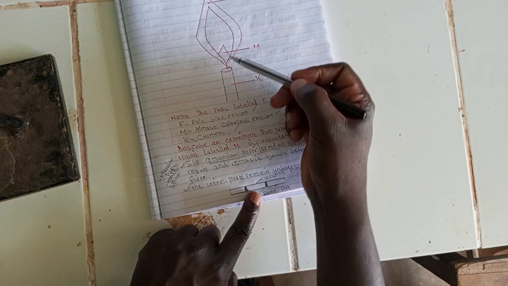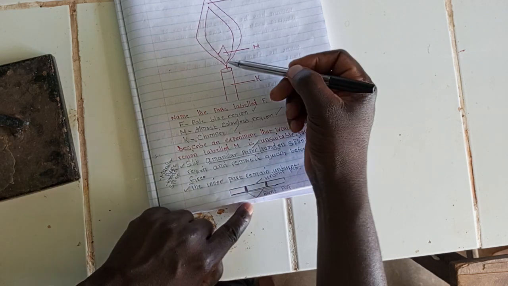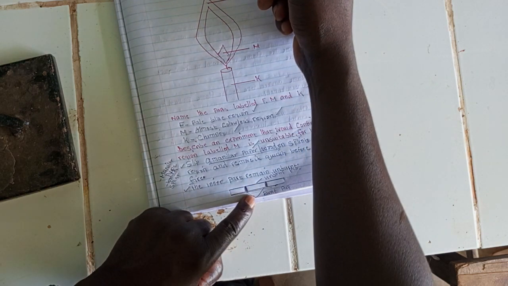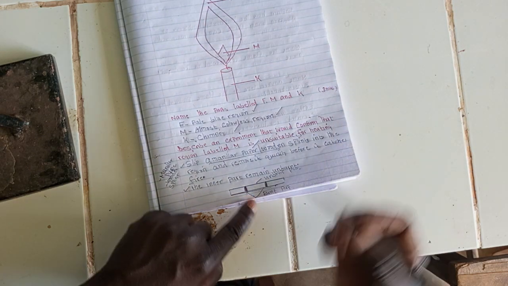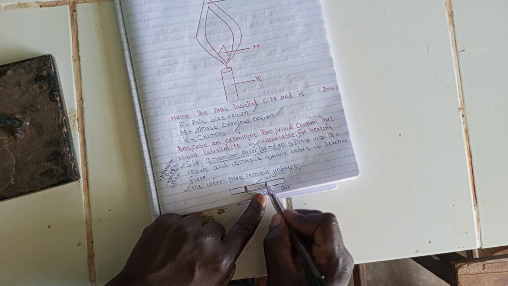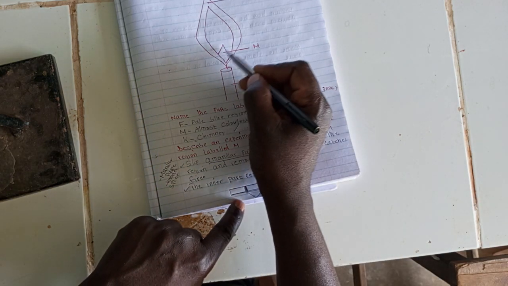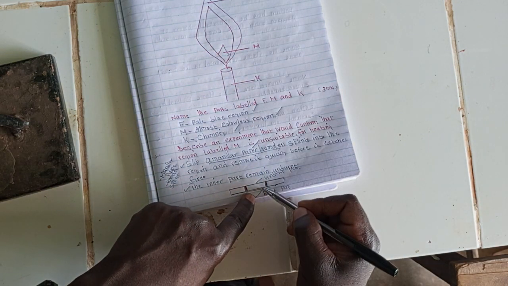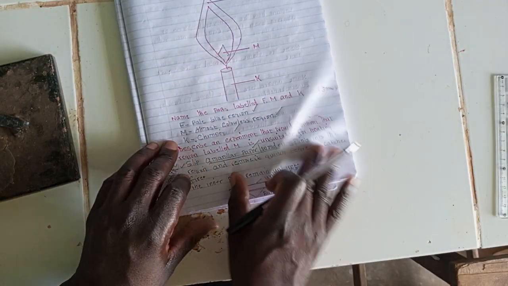Meaning that this region here is unsuitable for heating, because the outer region, which is the pale blue region, is the hottest part of the flame, so it can burn the wooden splint. Then the inner part, which is of course region M, remains unburnt, because this one contains unburnt carbon particles.